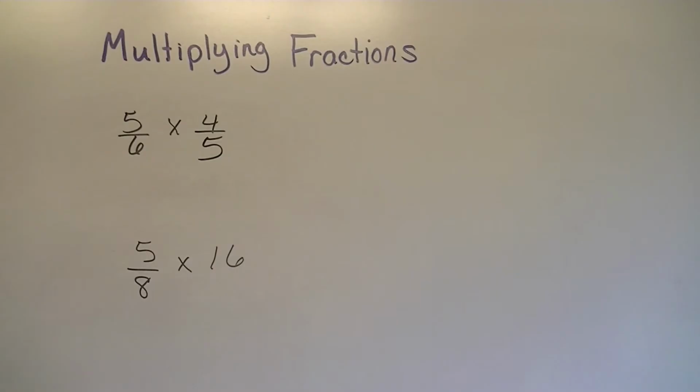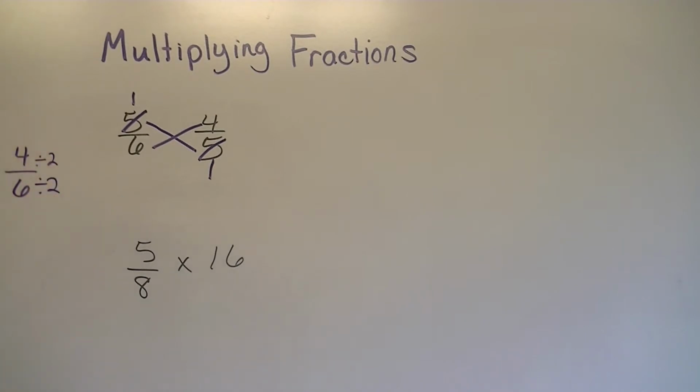Let's take a look at this top fraction. So we're going to look for cross cancellation. I have a 5 on top and a 5 on bottom with this diagonal. They're both divisible by 5. So 5 divided by 5 is 1, and 5 divided by 5 is 1. Now I'm going to look this direction. I have a 4 and a 6. So if you need to, you can think about it like this. What's the greatest common factor that they have in common?